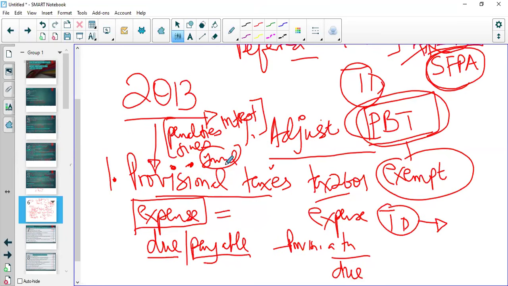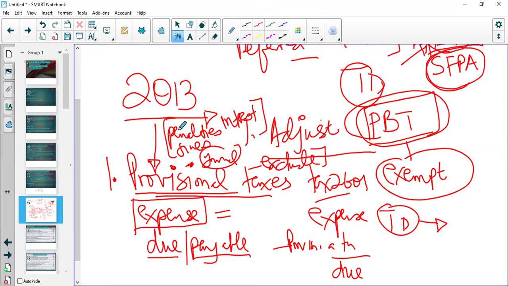So maybe we might have violated something to do with SARS or the Income Tax Administration. We have violated the rules, then we are penalized by SARS. And when SARS charges us, then we just decide to pay together with the provisional tax. So remember, that's not going to be part of the provisional taxes. You need to exclude that from the provisional taxes.